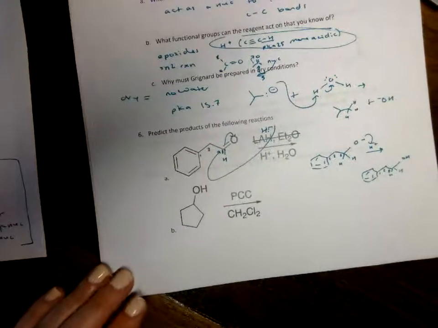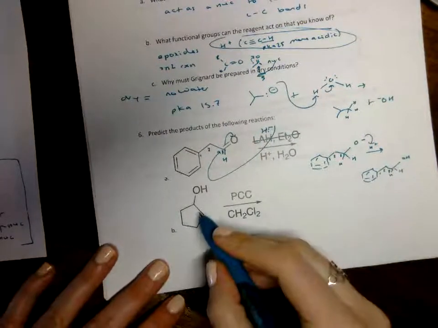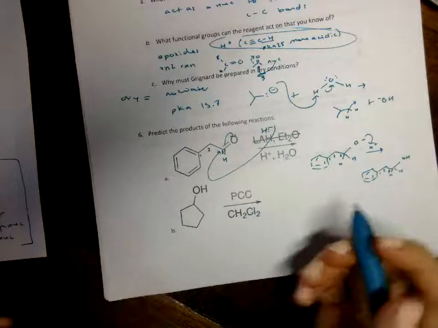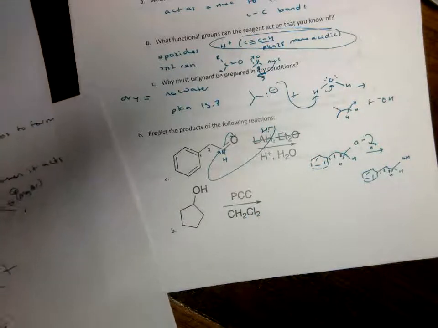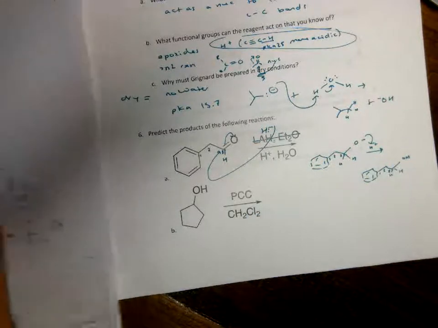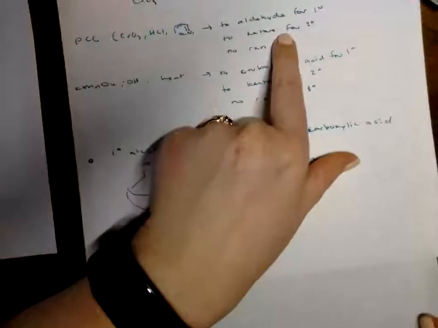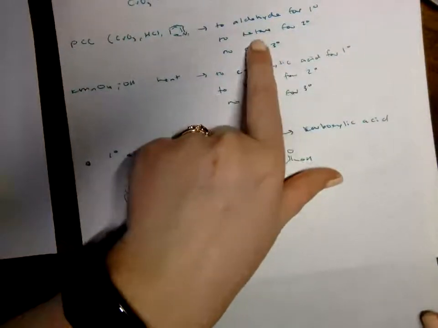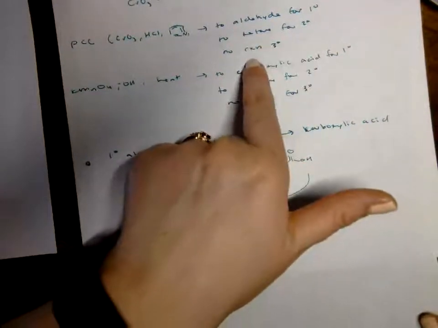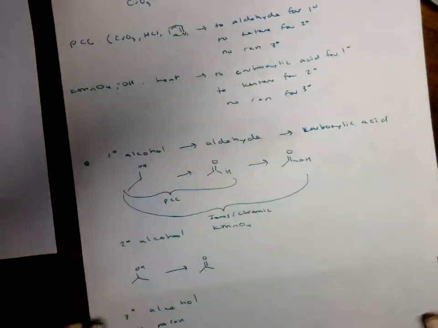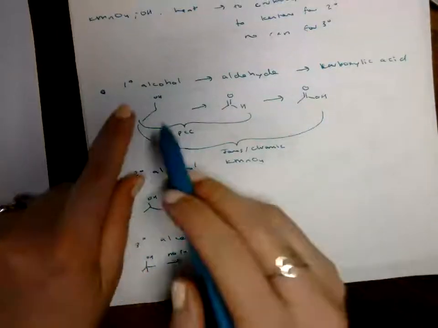Okay, next question is what happens if you react a secondary alcohol with PCC, basically. And I'm going to pull back out my notes on oxidizing agents. So PCC, if you have a primary alcohol, it takes it to an aldehyde. If you have a secondary, it takes it to a ketone. There's no reaction with tertiary. We also have that down here.